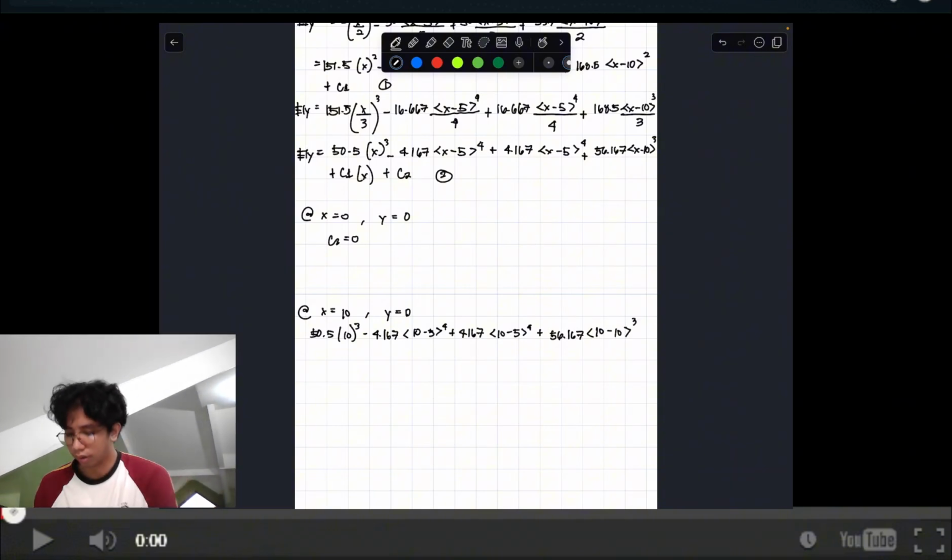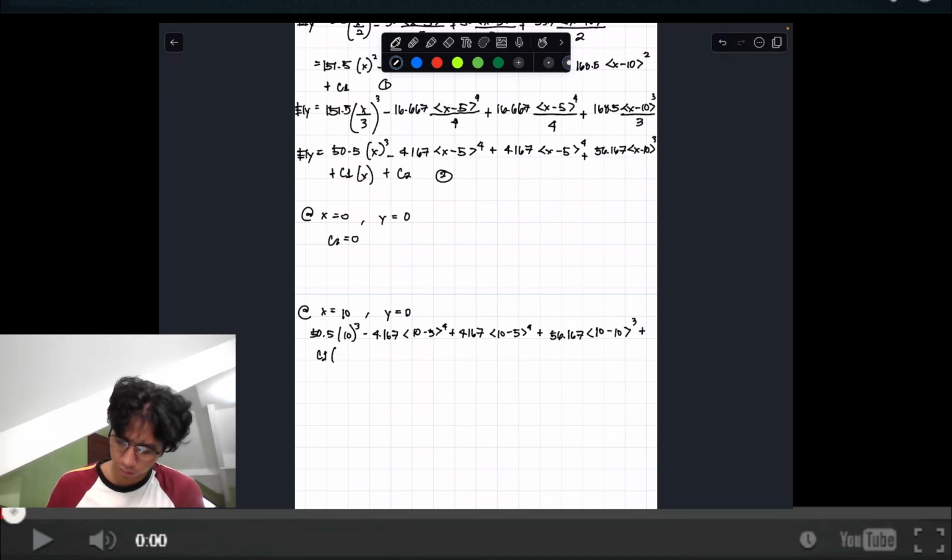Yan. So, solve natin. Plus C1 pala. Tignan natin ito. Lagi natin nalilimutan. Plus C1 multiplied by 10 plus C2 which is 0.